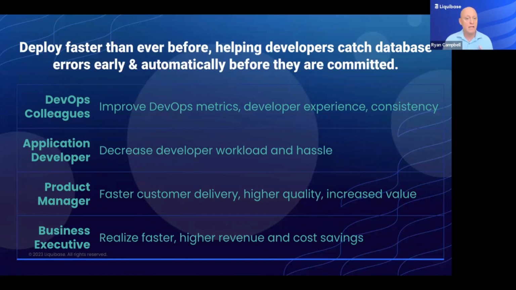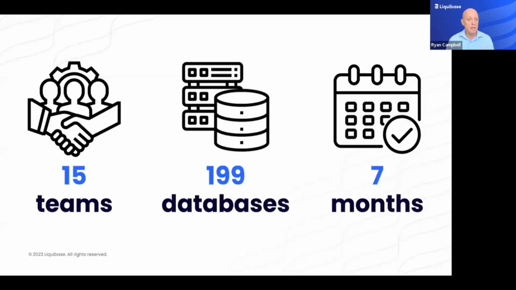So you've got not just the database team and the application developers, but the product managers being able to deliver more value more quickly, and the business executives starting to see the impact on the bottom line. And so, Jonathan, maybe you could talk about how far along you are now in the process, and the impact that this change is now having.